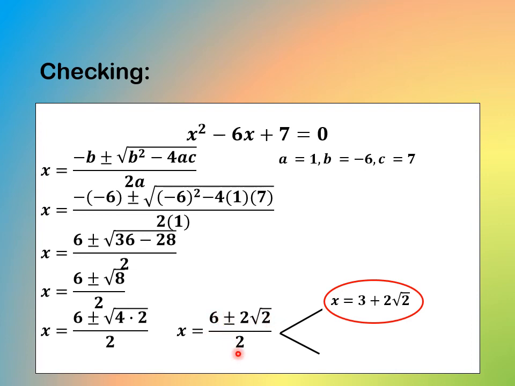And 6 divided by 2 ulit. So, magiging x is equal to 3 minus 2 square root of 2. Kaya siya tinawag na irrational. Ang tinawag na x squared minus 6x plus 7, ang roots niya ay irrational and unequal. Okay, irrational because meron tayo ditong rational number and they are unequal. Okay?